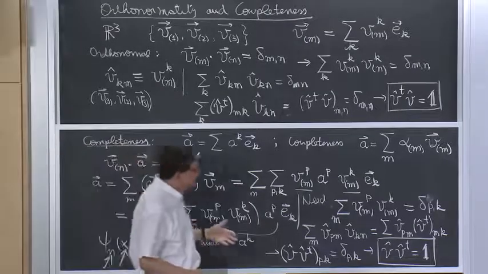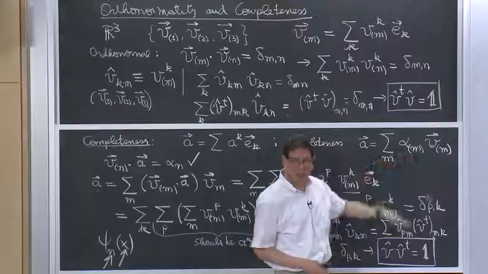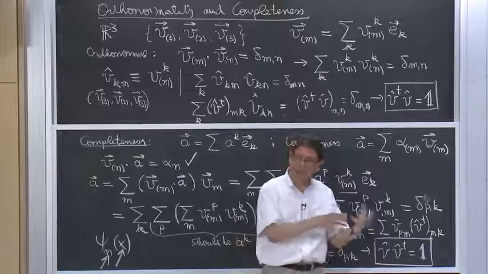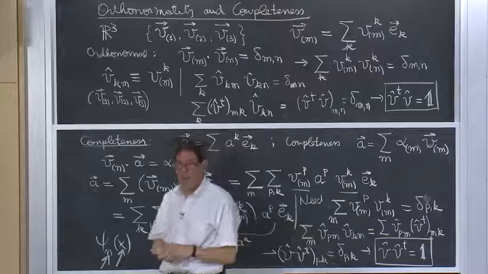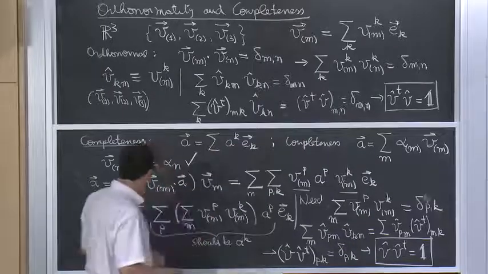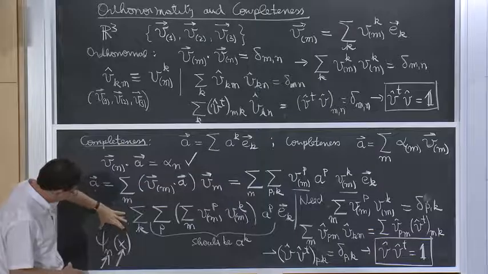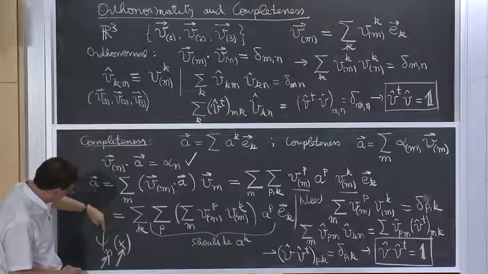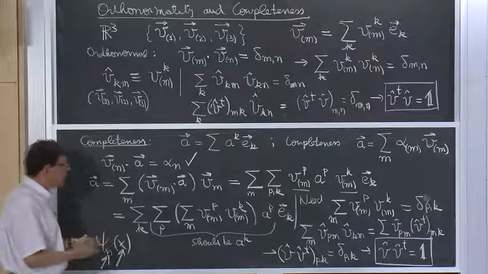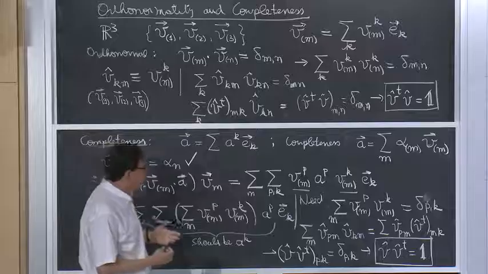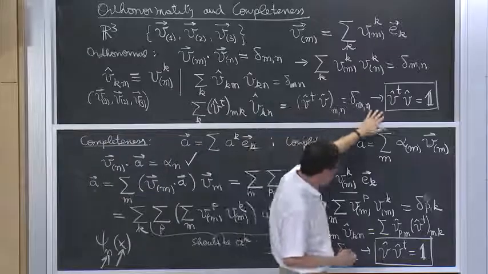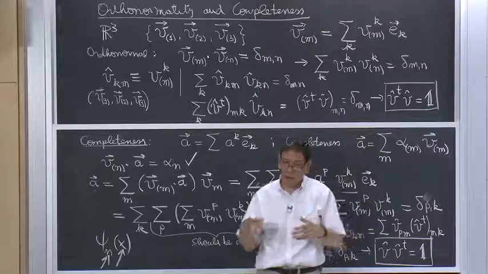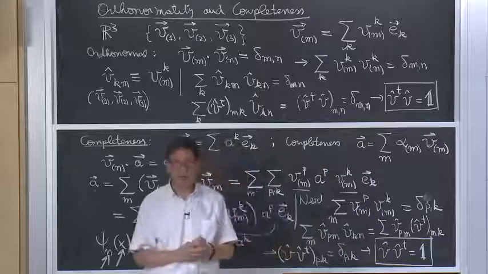So in that case, the matrix property that you have an inverse from the left or an inverse from the right, one doesn't necessarily follow from the other. And that's why for these interesting cases of infinite dimensional matrices that correspond to our infinite set of energy eigenstates over a continuous variable, these properties are things that you should check separately, and you should get an insight whether you have both completeness and orthonormality.